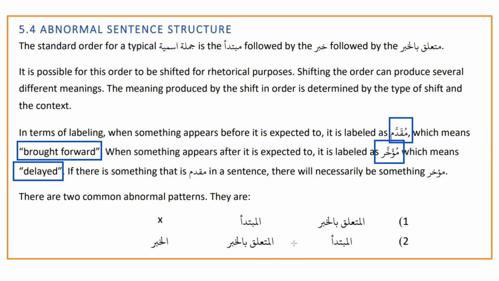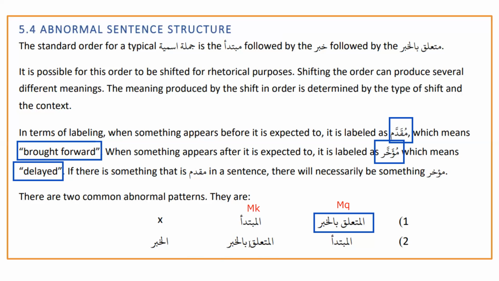So if mutaliq bil khabar is brought forward, this is muqaddam. For muqaddam, we are going to write MQ. This is muqaddam, then mubtada, because it is brought forward, would be muakhar, MK. Here the regular sequence is mubtada, khabar, mutaliq bil khabar.